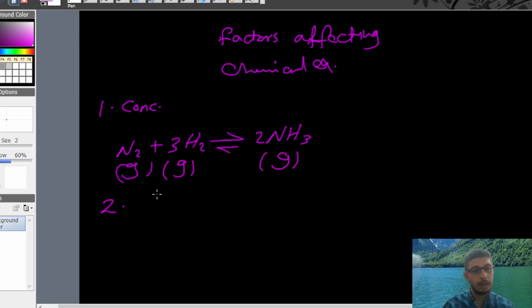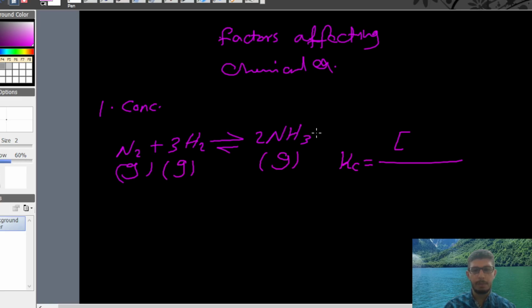So let's talk about the effect of temperature. But before talking about temperature, I want to write the Kc formula of this reaction. So what is the Kc formula? I will write it in the form of concentrations, not partial pressures.